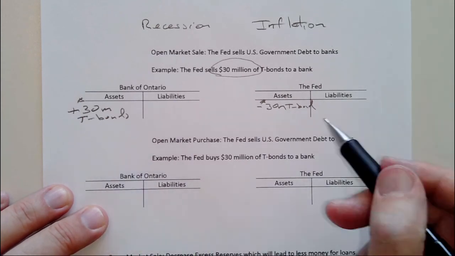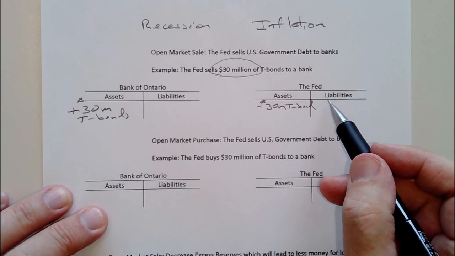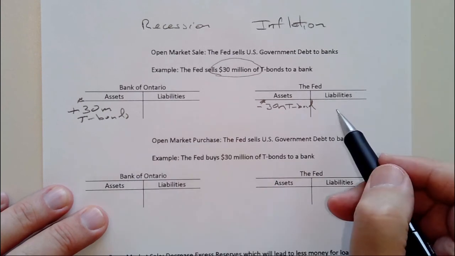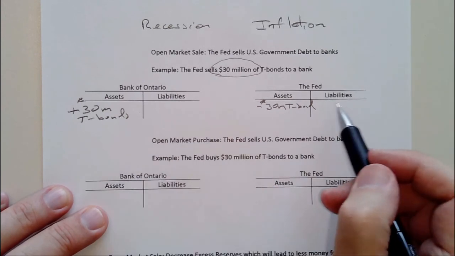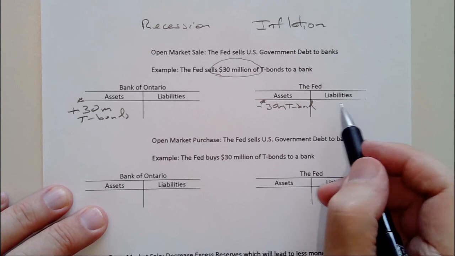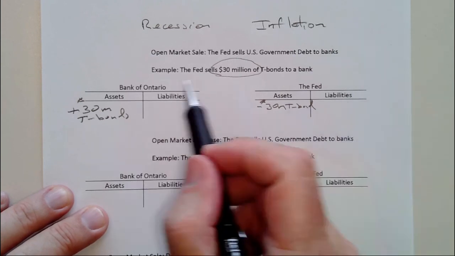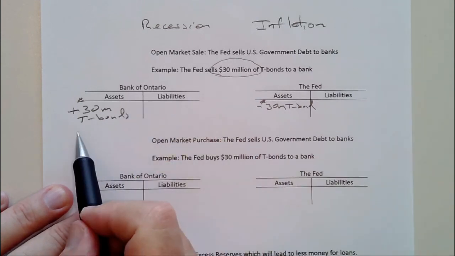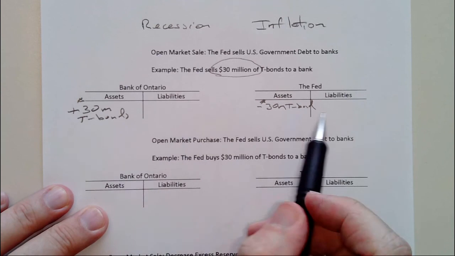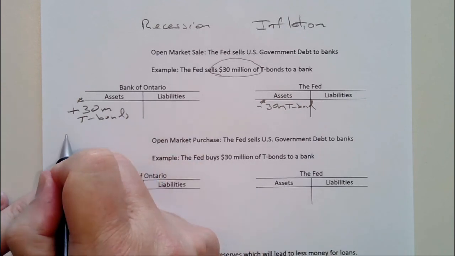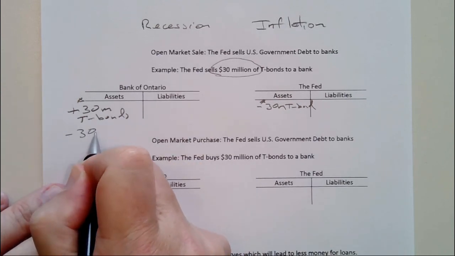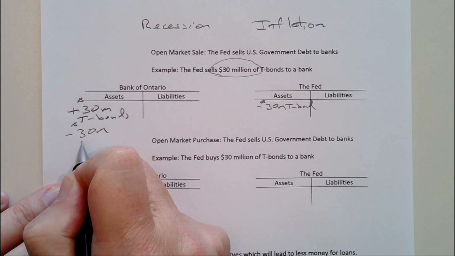So over here, the Bank of Ontario has an account with the Fed, and the Fed would keep those deposits from the bank as a liability because they owe that money to the bank. Over here, the bank would keep that money on deposit with the Fed as an asset. And so they would tell the Fed, take $30 million out of our deposit with you.